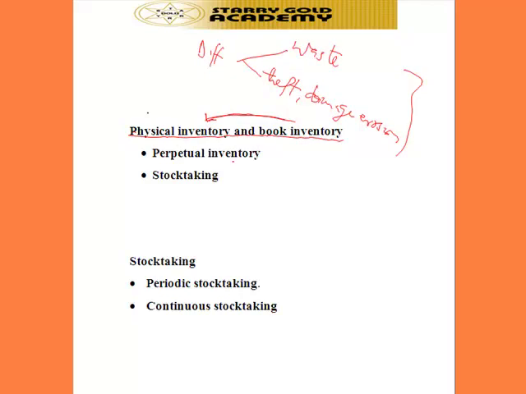Firstly, we need to look at the term perpetual inventory. It's an inventory recording technique whereby stock is recorded and updated on every issue out of store, receipts into store, so that after every activity the balance on stock account is always known.